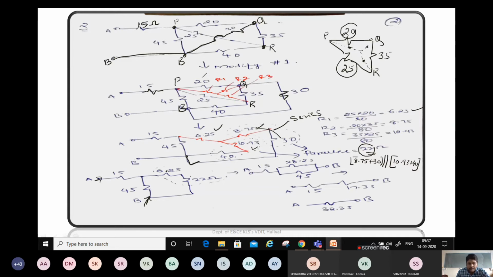Only 6.25 and 22 ohms will be in series, right? Because there is a split from this end. So that turns out to be 28.25, which is parallel to 45, right? So that equivalent value will be 17.35. If you add, you will get RAB equivalent.